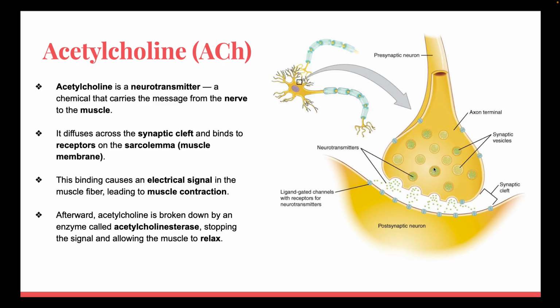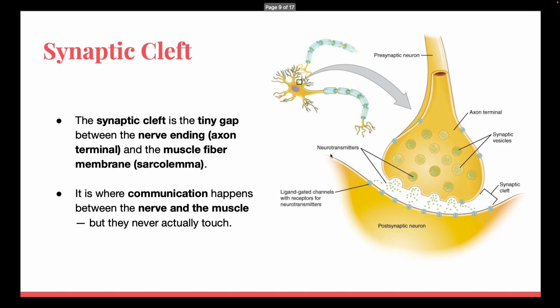So when an impulse comes and the sac breaks, they are released through the cleft into the space here, and it diffuses across the synaptic cleft and binds to receptors on the sarcolemma. So we will see the receptors. The receptors on the sarcolemma are like some white shade, and are always looking forward to binding to an acetylcholine. So we will talk about that.